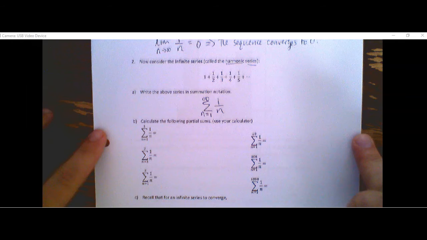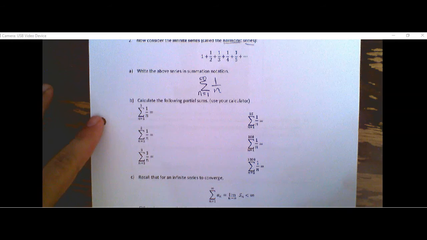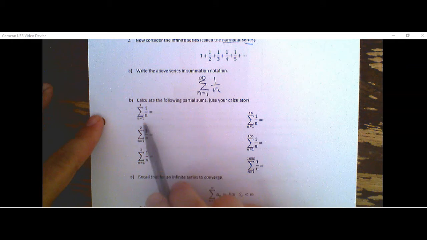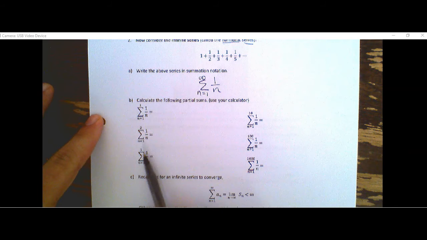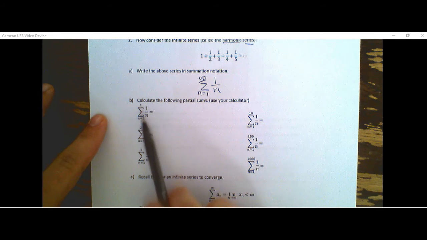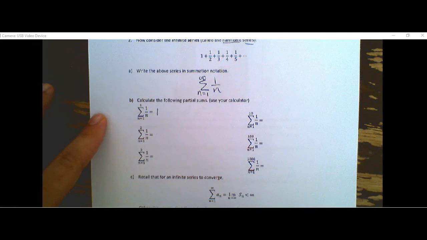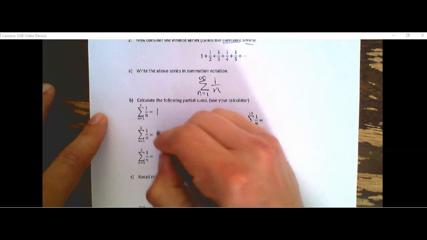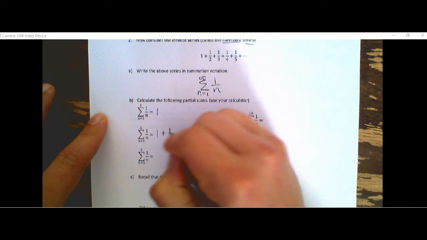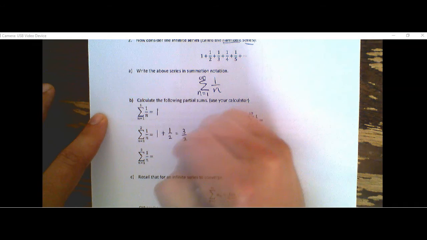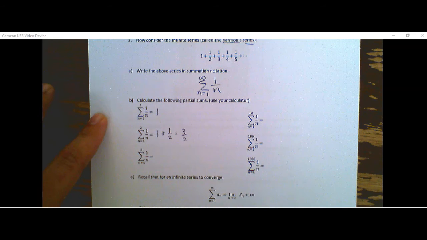Now let's calculate some partial sums. Instead of doing an infinite sum, we'll do the first partial sum, the second partial sum, the third partial sum, and so forth. This is the first partial sum, so n goes from 1 to 1, so that's just the first term, that would be 1, right? Now how about the second one? Here, n is going from 1 to 2, so we're summing the terms there. That would be 1 plus 1 half, just 3 halves, or 1.5.